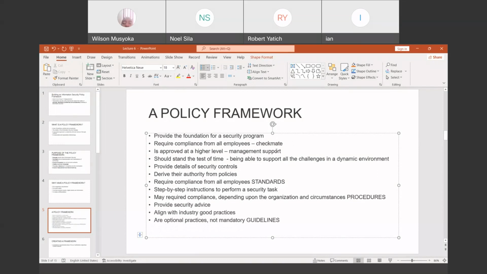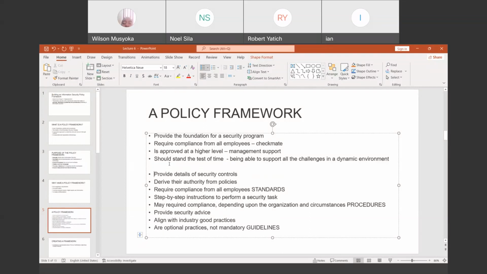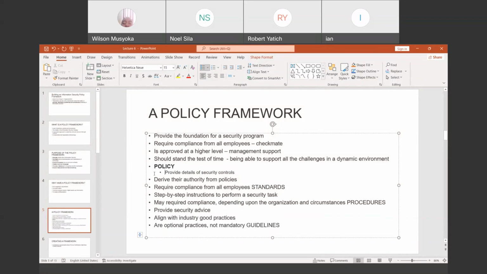Then it needs to provide details of security controls, meaning that you can look at details in terms of policy. So when you are looking at a policy, it needs to provide details of security controls.